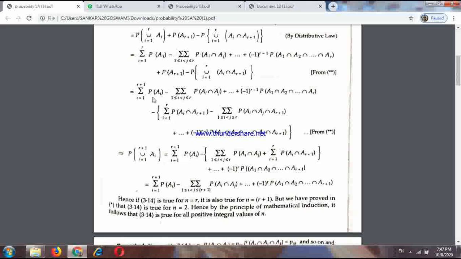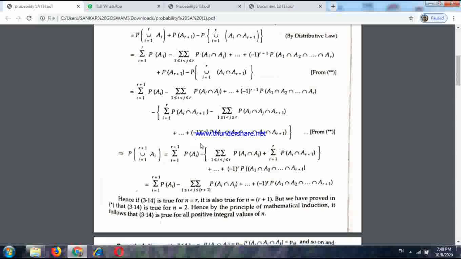Now next, these terms, and I take the double summation of P of A_i intersection A_j plus this one in a bracket, and then up to (-1)^(r-1). Here minus is there, that means minus 1 is there, and here the coefficient is (-1)^(r-1).